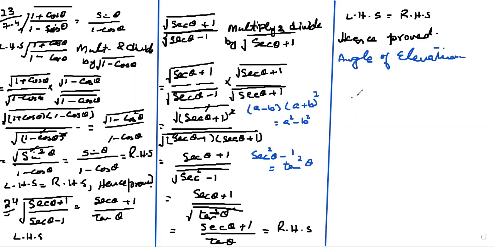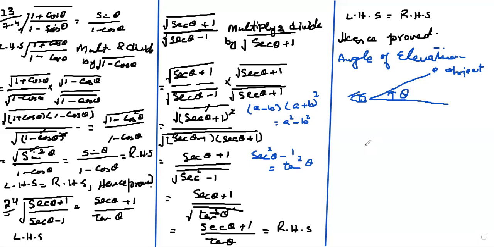So if this is the eye or the person watching something, and this is the horizontal line, right? Horizontal line. And he is watching an object. Suppose this is the object, okay? And the object is above the line of horizontal. So then the angle so formed is angle of elevation. So theta is angle of elevation here.